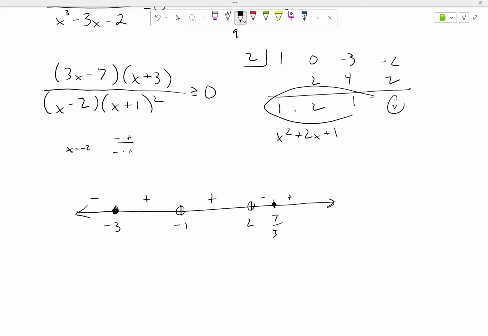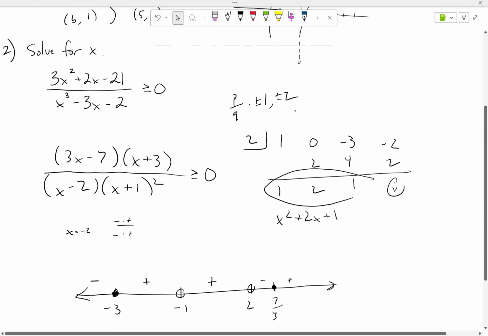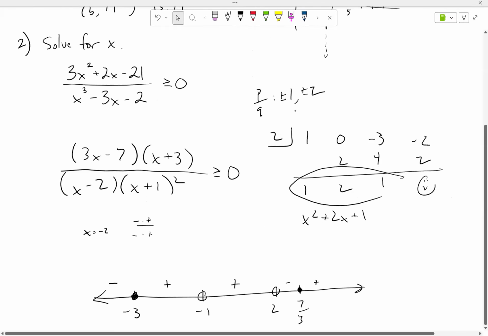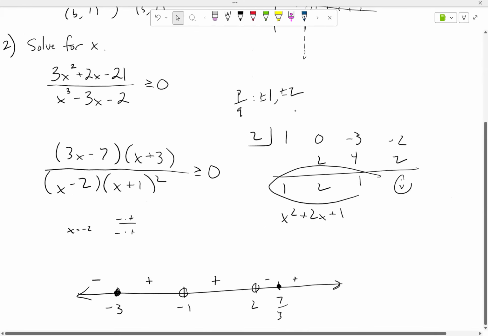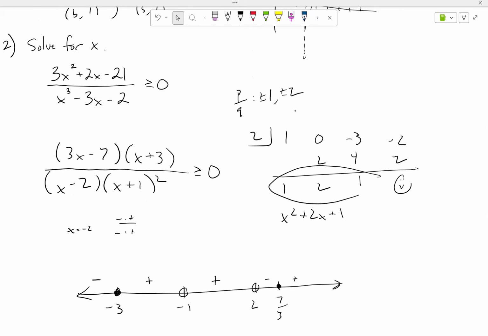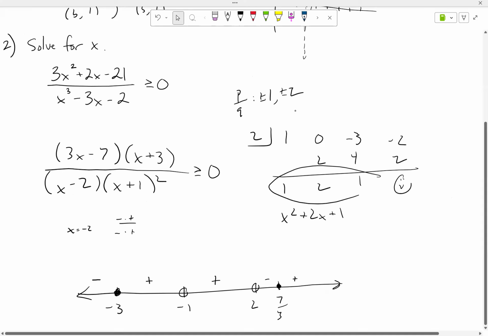Any questions? I did have a question, and we'll finish this up in just a minute. Instead of using synthetic division to check that 2, did anyone check to see if that 2 is a zero a different way? Because there's another way. Long division, or, what's that?